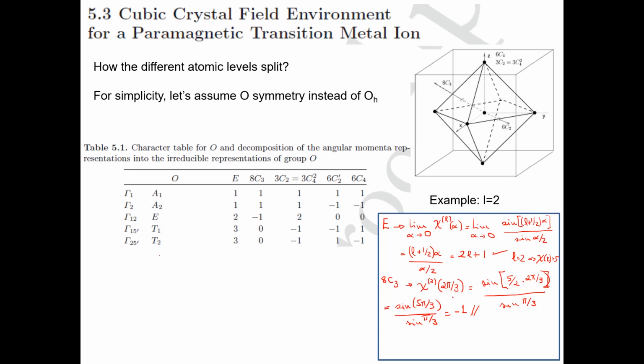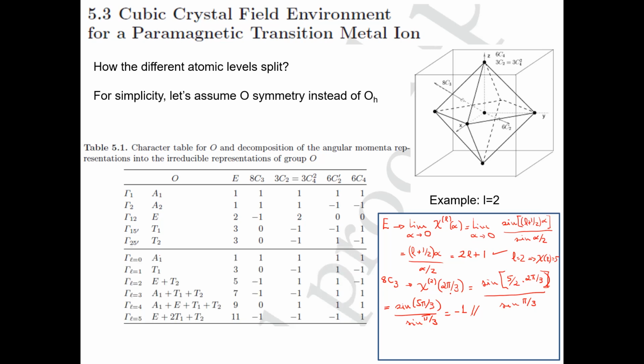So you do this for the different angles. I'm not going to do all of them, just 2 of them, just to show you how it goes. And the result is what you see in this line. You see this is L equals to 2. These are the representations for the full rotation group.